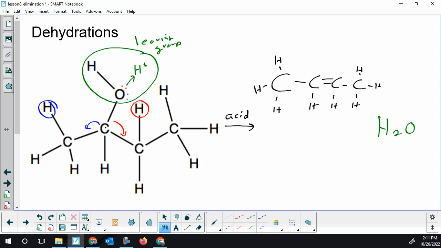If we get to the left, which is the blue version, we still have 4 carbons. Okay. There's the carbon that had the hydroxyl group, and now we're going to the left with our double bond. And the blue circled H would also come off, and that would replace the H plus from the acid.